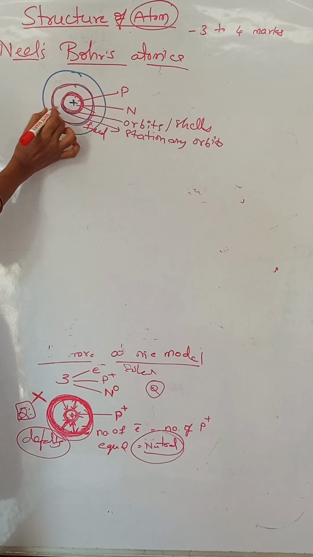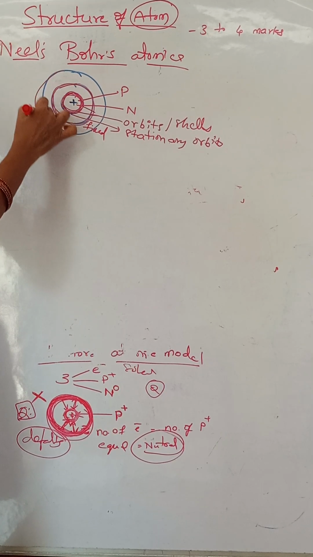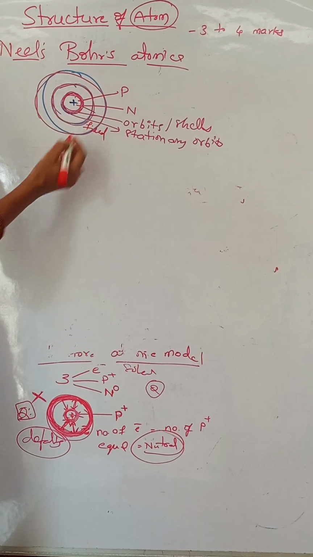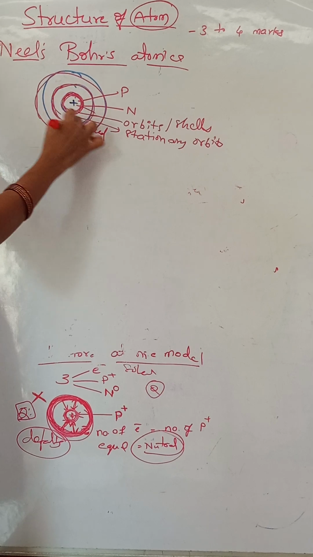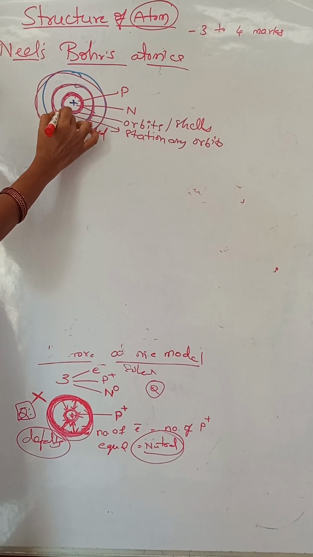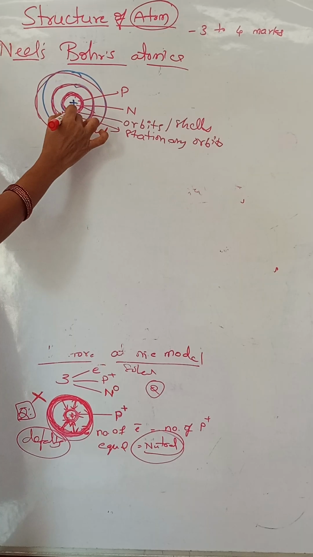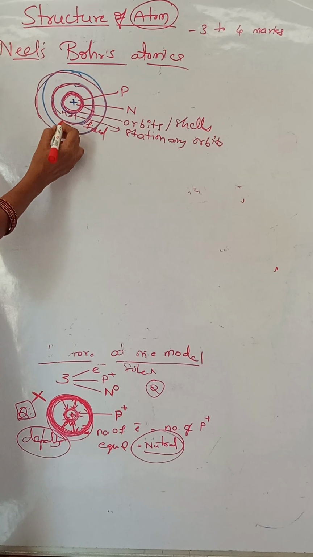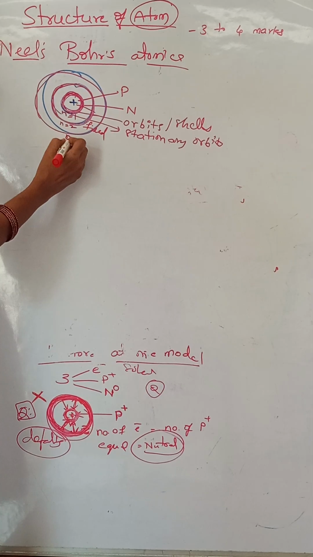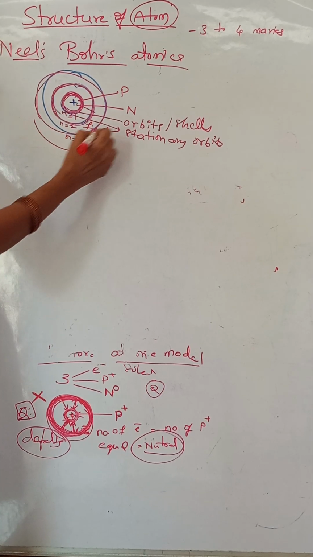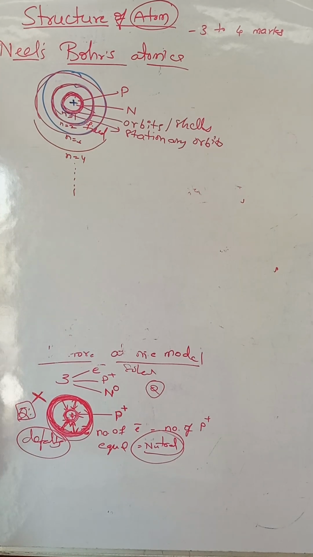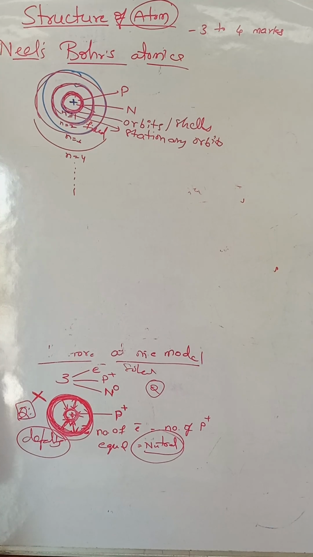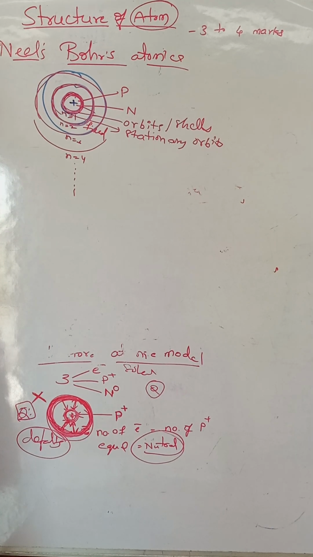Bohr indicated every circle by n. The first circle has value 1, the second 2, the third 3, then n equals 4, and so on. Every time the circles increase, the number n also increases.